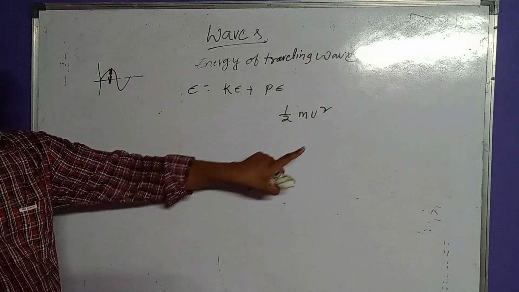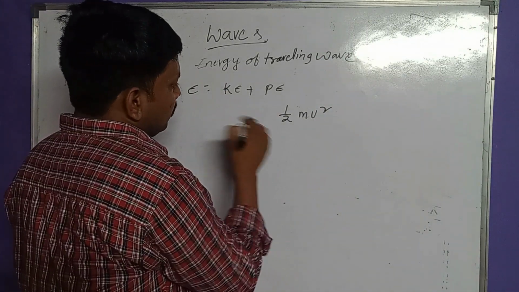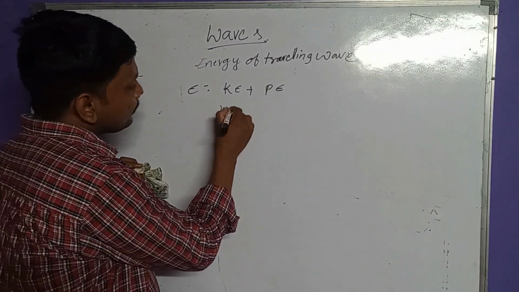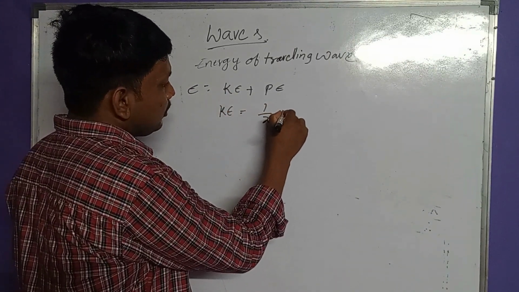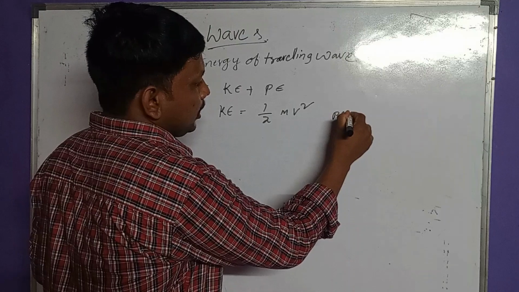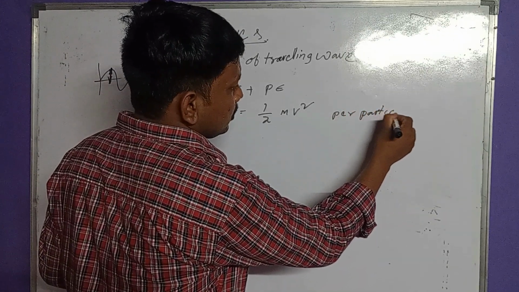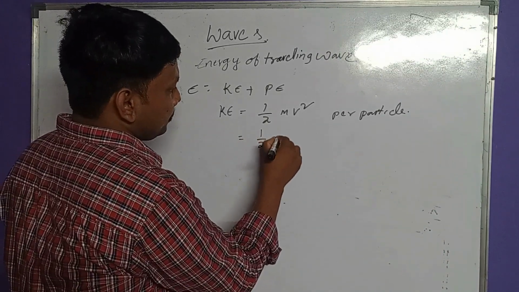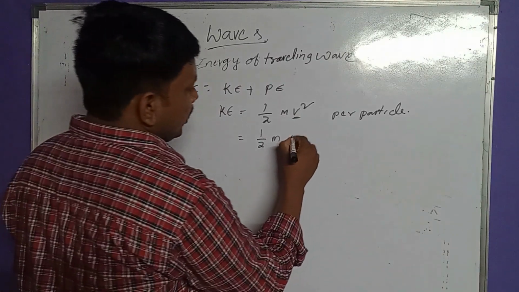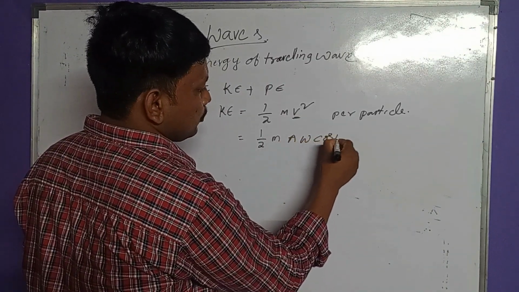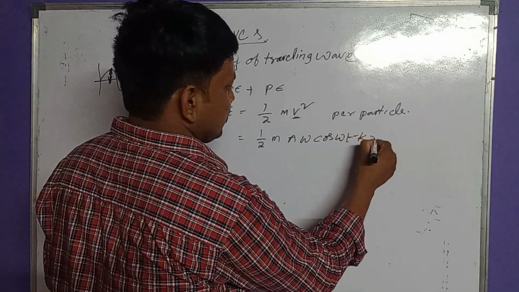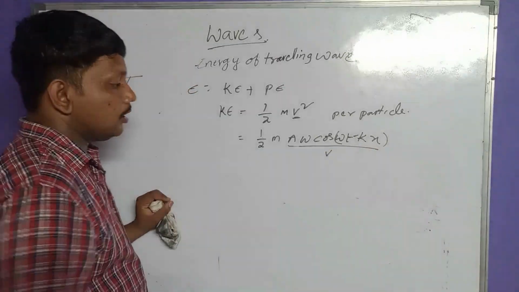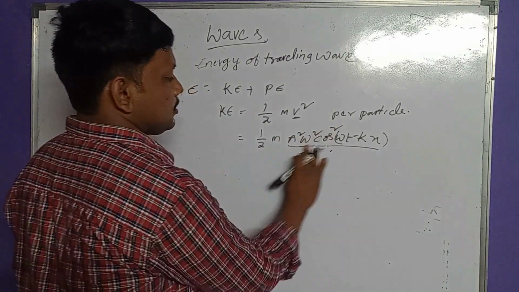So kinetic energy per particle is half m v square, where v is equal to a omega cos(omega t minus kx). This is v, right? Whole square.